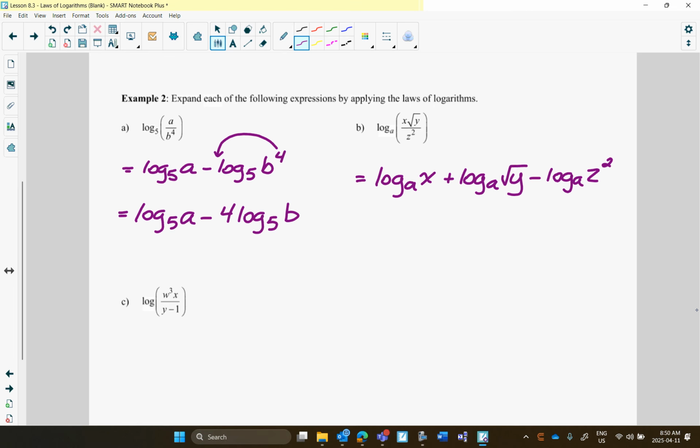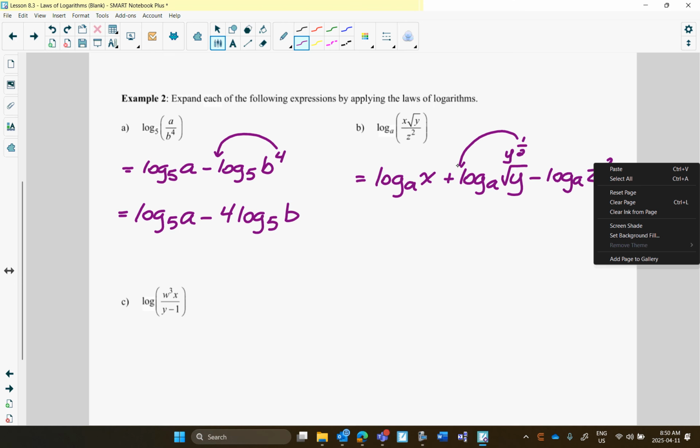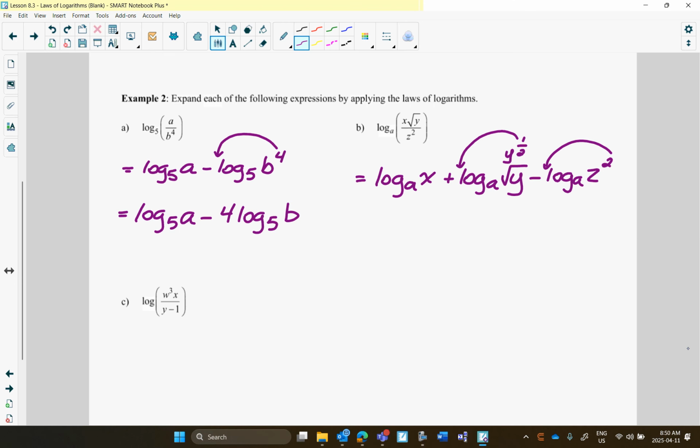Root y means the same as y to the 1/2, so you take that half and drop it in front. And here you take the 2 and drop it in front. So our final expanded answer is log base A of x plus 1/2 log base A of y minus 2 times log base A of z.